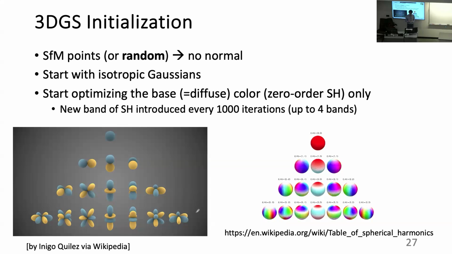And actually, spherical harmonics are essentially very similar to the notion of Fourier transform and Fourier functions, because the way I understand them is that the basis functions in Fourier space are essentially sines and cosines of different spatial frequency.